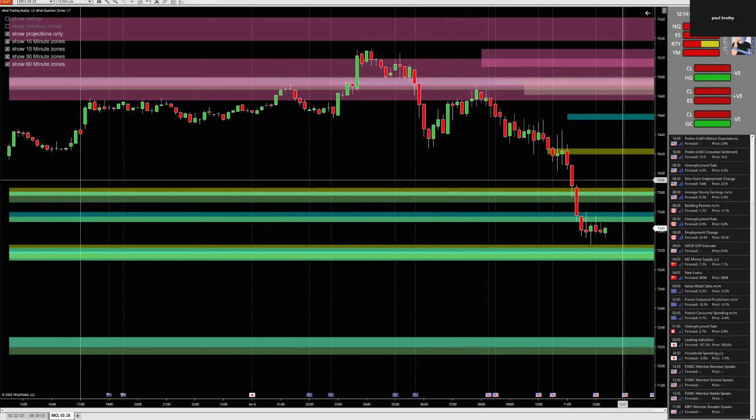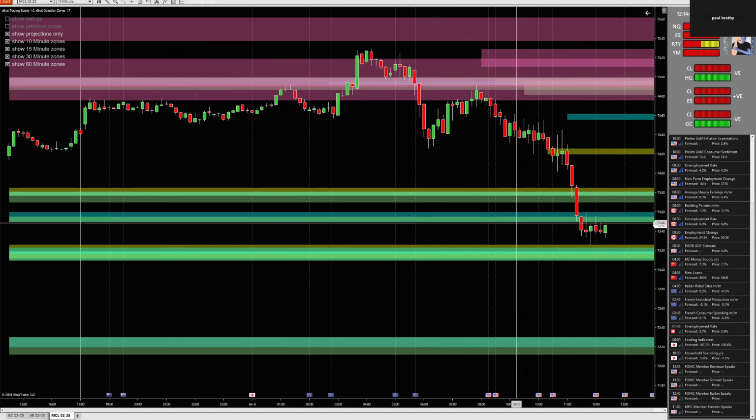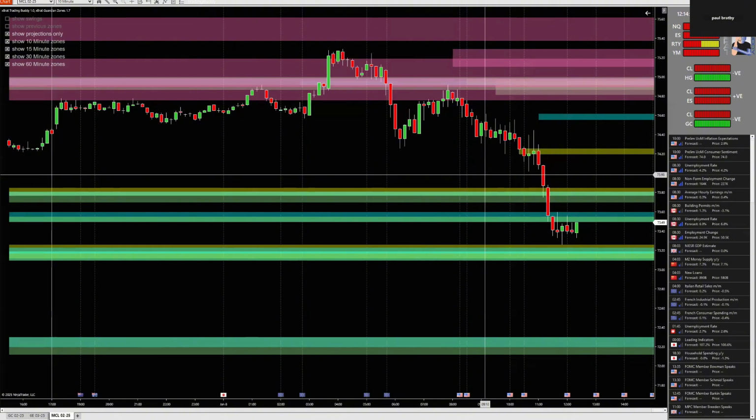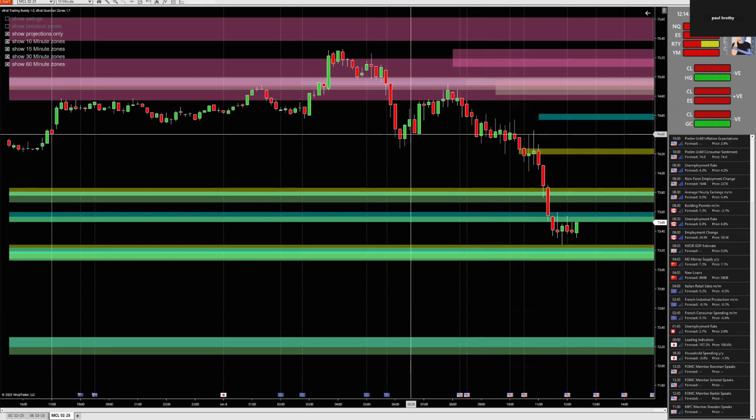I've started with the trading buddy, which gives me those points in time in the future and in the past for those data points, to give me an understanding of what sort of reactions to expect and help me plan the day. Then I can look back and see how those reactions have gone, and in comparison I've put my automated support and resistance zones on there.